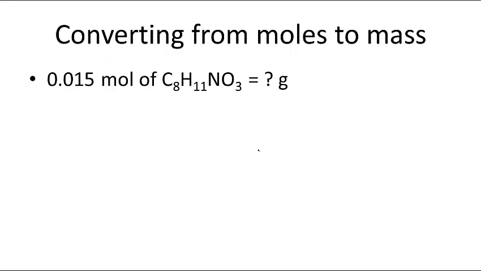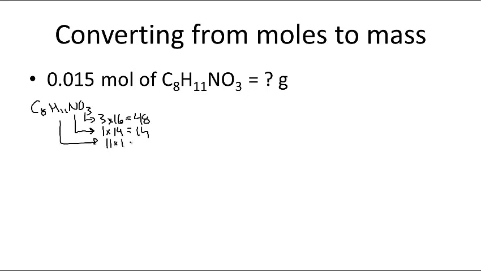All right, so let's convert from moles to mass. 0.015 moles of C8H11NO3. Let's find our molar mass. C8H11NO3. So I have 3 times 16 is 48. 1 times 14 equals 14. 11 times 1 is 11.